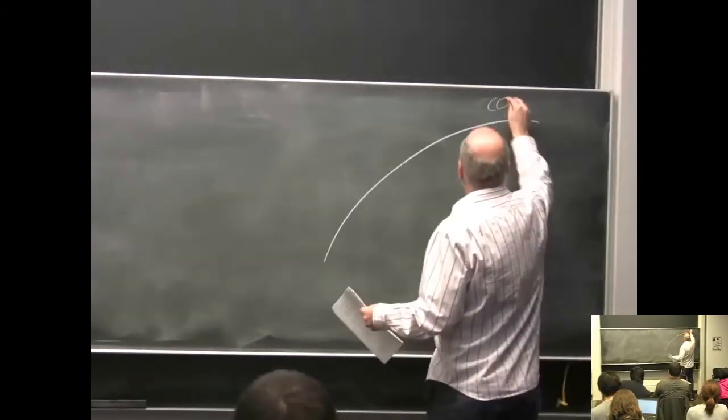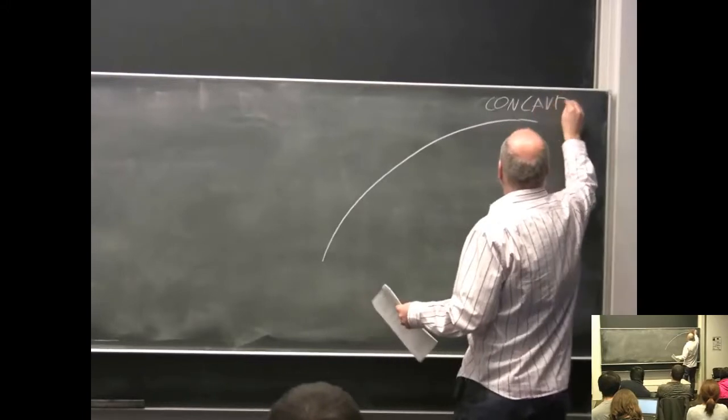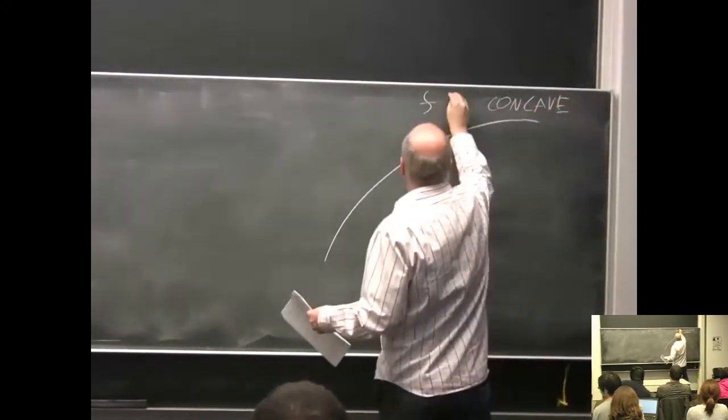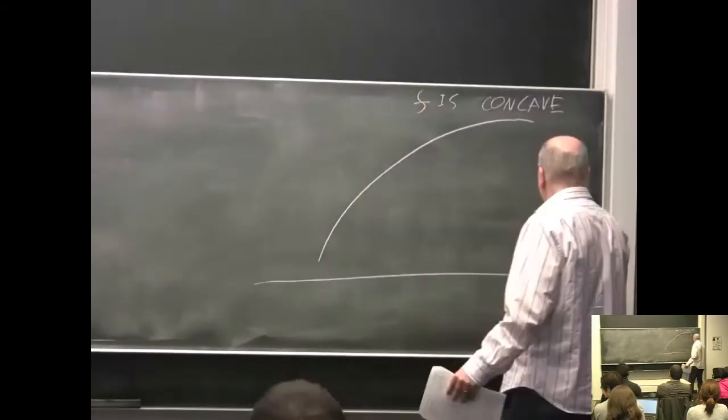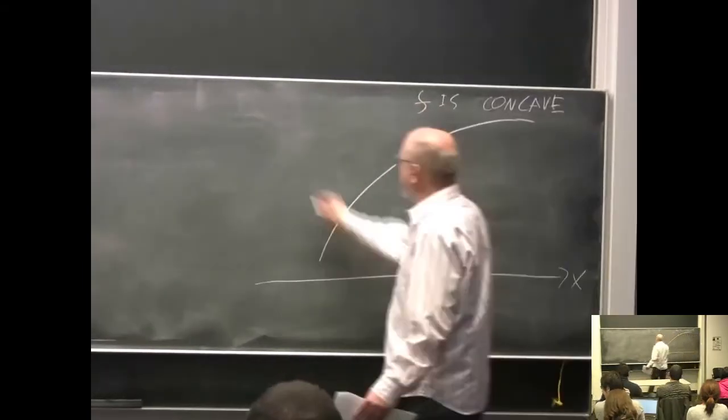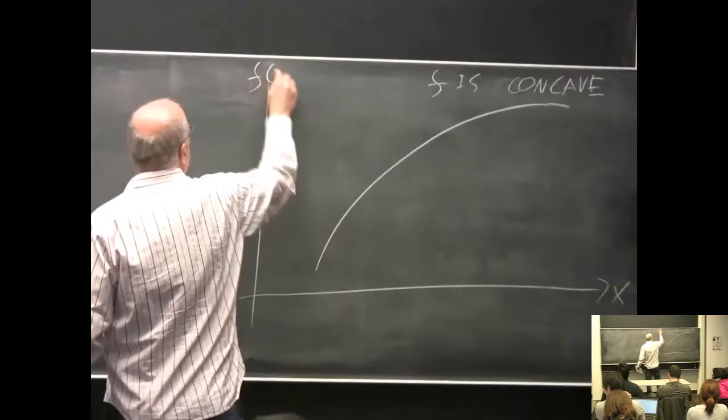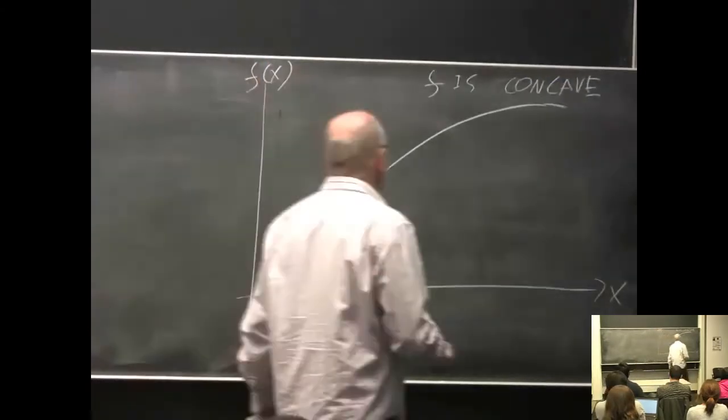Let me do it with a log function, something that looks like a log function. So the function that looks like this is called concave. This is f. So this is some dimension x, and this is f of x, and this looks concave.